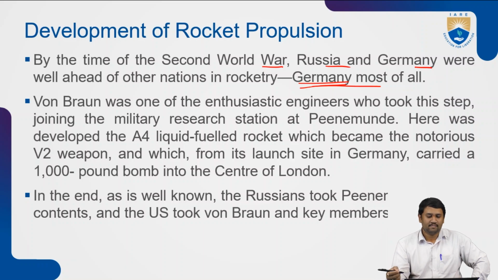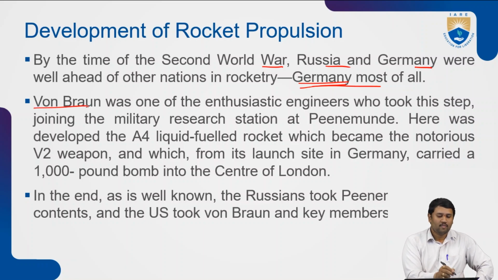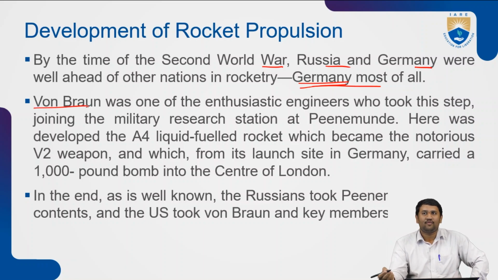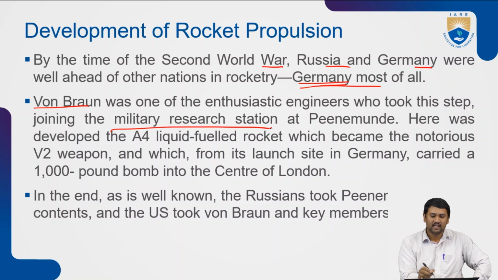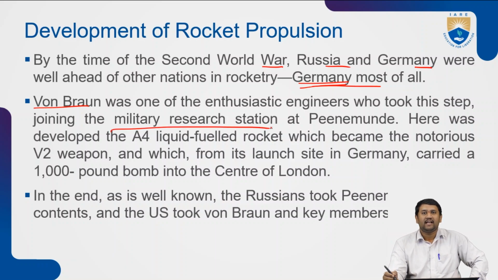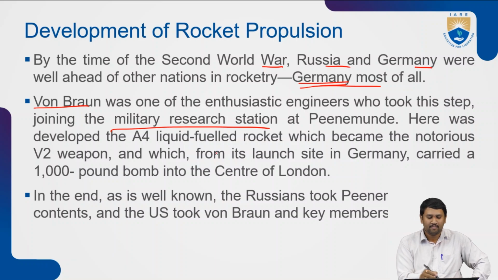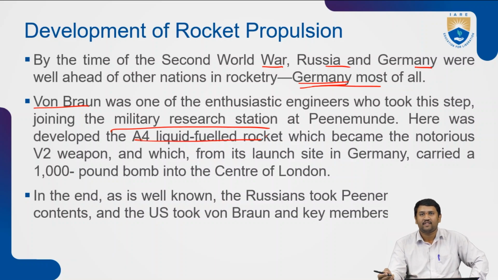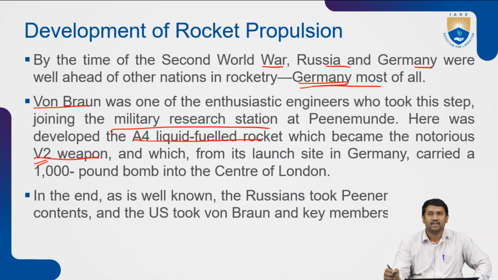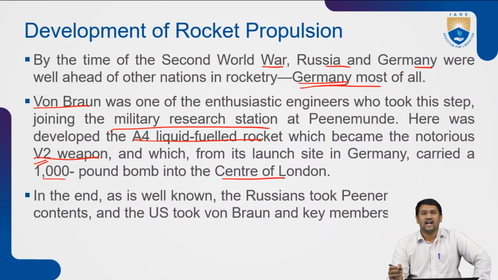So they took these people to work for the army, among whom Von Braun was one of the enthusiastic engineers who joined the army research station at Peenemünde, where he developed, along with his team, an A4 liquid fuel rocket, which later became known as the V2 weapon. The V2 weapon was used to drop a 1,000-pound bomb at the center of London. It has a certain range, and it was the first ever missile or rocket to be used in this way.